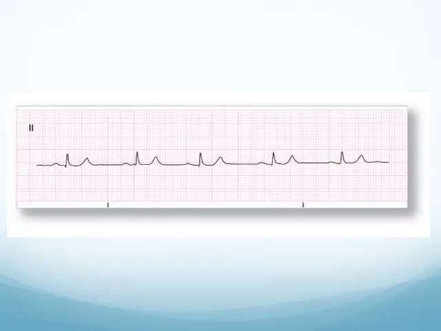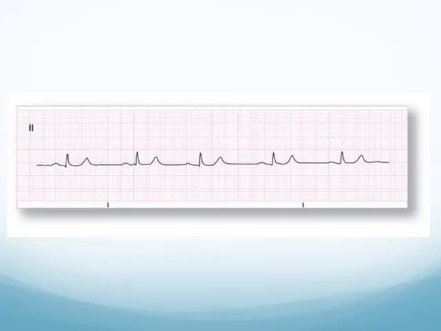Now we want to know if this pause before the next beat is compensatory or non-compensatory. Give me one second here. The timetable was reset because the P interval changes between the second beat and the fourth beat.